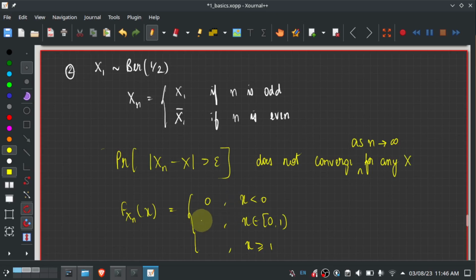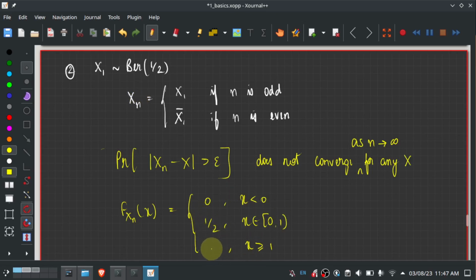So in fact, what is the PMF of any given xn? The Bernoulli half random variable, right? If n is odd, it's a Bernoulli half random variable. If n is even, it's still a Bernoulli half random variable, correct? Mainly because I've chosen probability of 0 to be equal to half and probability of 1 to be equal to half. So even if I flip, the distribution does not change, right? So this is equal to a half.